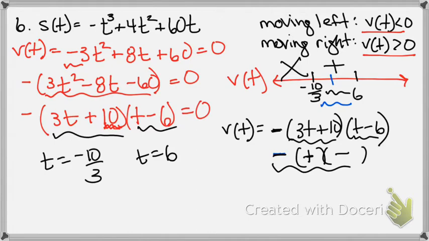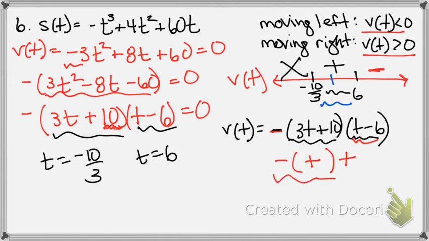To the right of 6, I could do the same thing. I'm going to plug in a 7. And you don't have to show any work for this. You can do it all in your head. When I plug in a 7, I have this negative. That counts as 1. This next guy would be positive, and this is a positive. So there's still one negative, which is a negative right here.